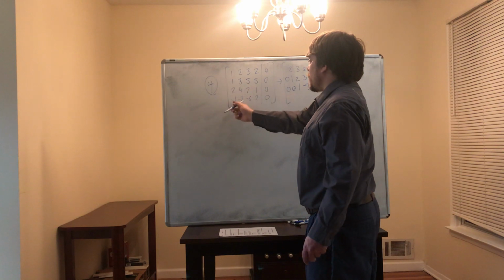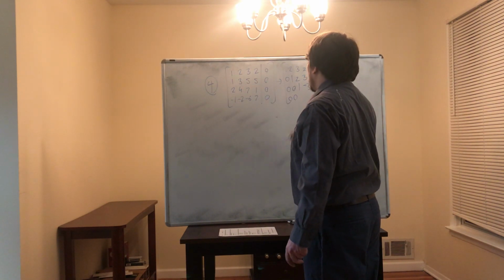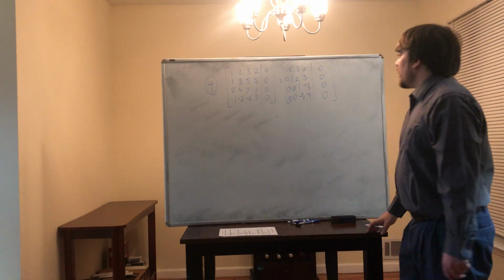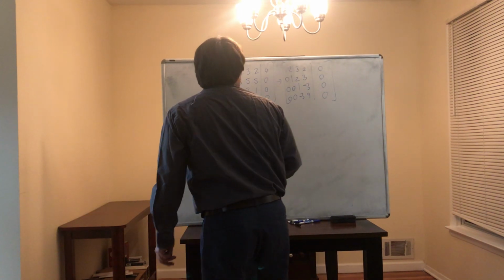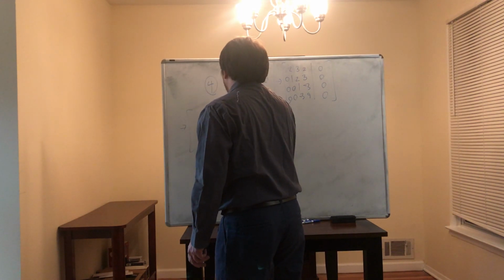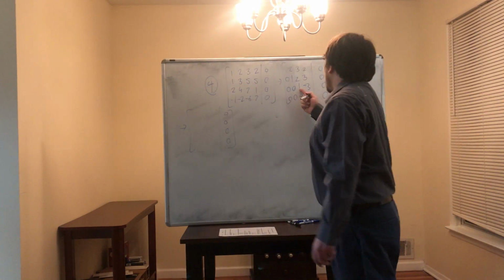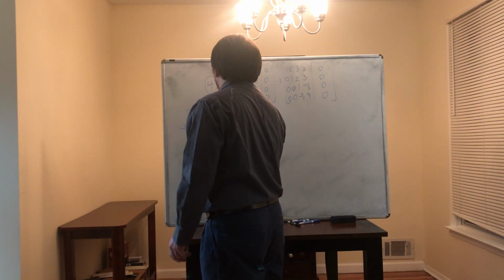Now I'm going to take the first row and add it to the fourth one and get 0, 0, -3, 9, and then that's 0. Okay, so continuing over here, I'm then going to take 3 times this third row and add to that. So I'm going to keep the third row the same.